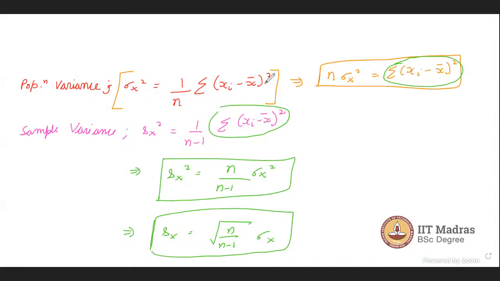So if there is a question where n is given to you and the population standard deviation is given to you, you can directly find the sample standard deviation using this relation, even if the data set is not given to you. Or vice versa, if the sample standard deviation is given, you can still find the population variance.